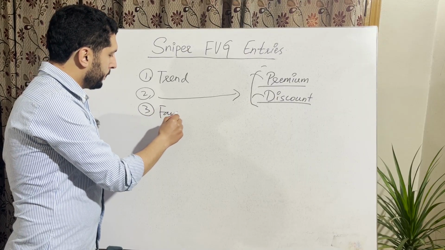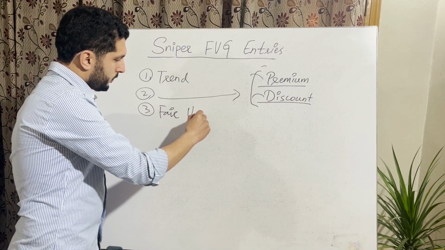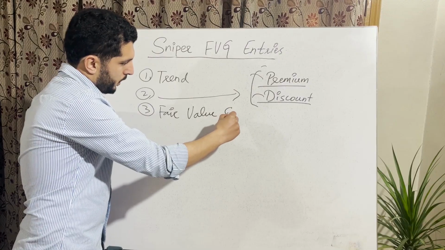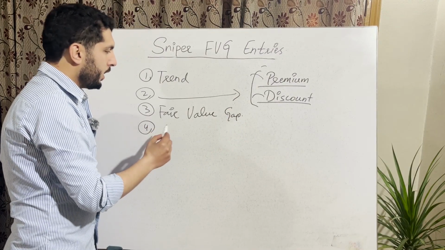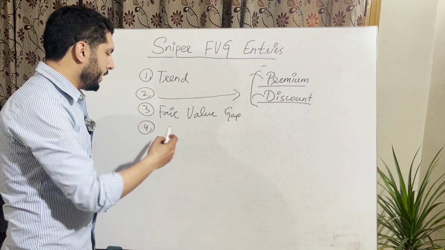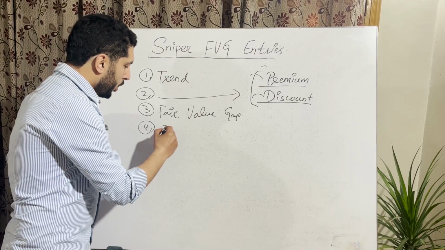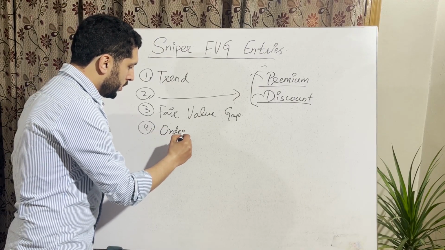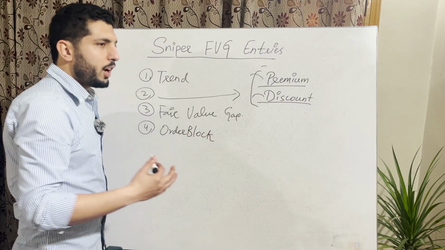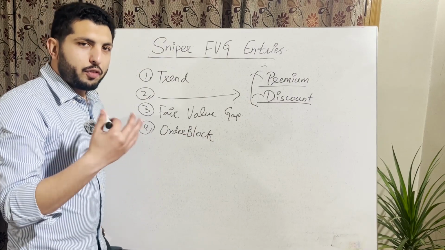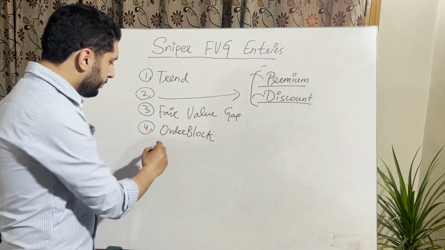Third, fair value gap. And most importantly, the fair value gap must be adjacent to an order block, or the fair value gap must be in front of an IFVG.